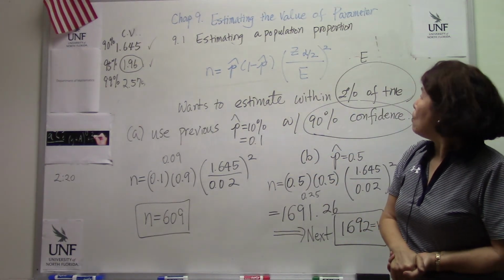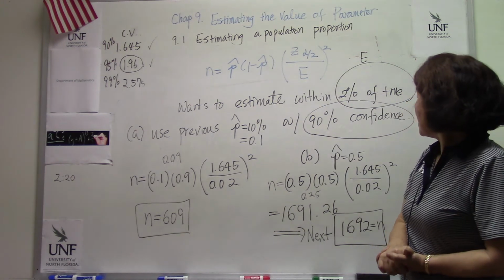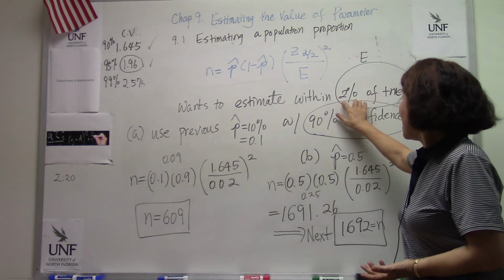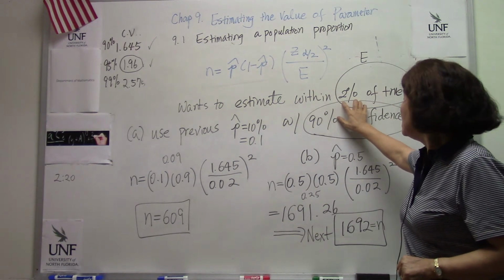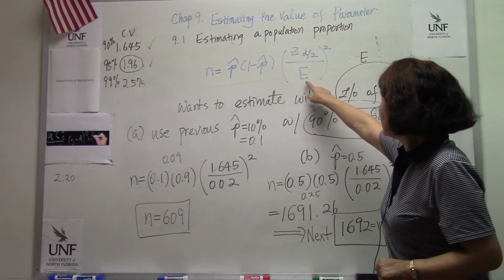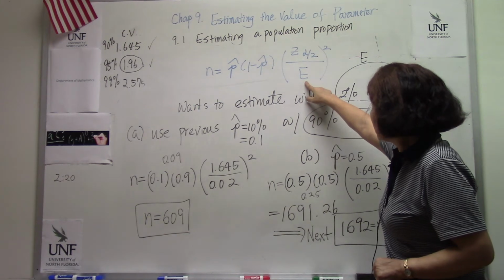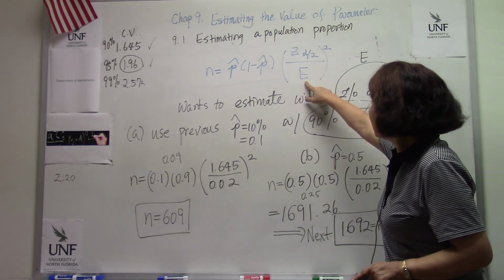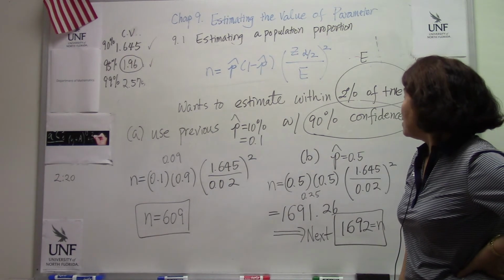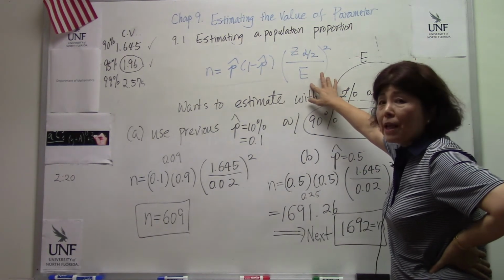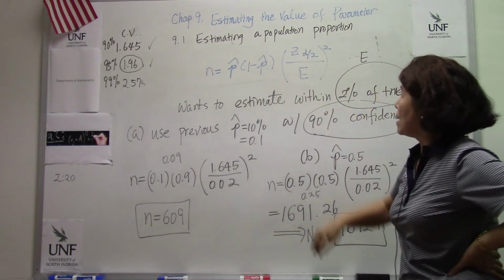Get that? What about the margin of error? Instead of 2%, I'm going to change it to 5%. The margin of error here is in the denominator. So the denominator is larger, so that means the whole number becomes what?